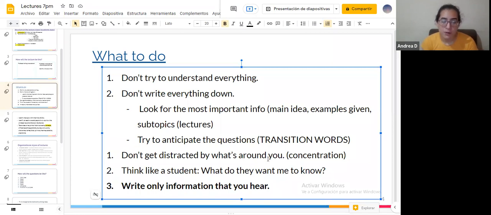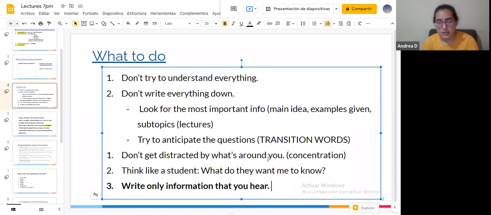So if a question is like, what's nuclear power? And you know the definition yourself, you don't have to answer based on that definition. You have to answer based on what you had in the lecture. That could be tricky sometimes if you know about the topic. Make sure that everything you're answering is based on the information that you heard in the lecture.